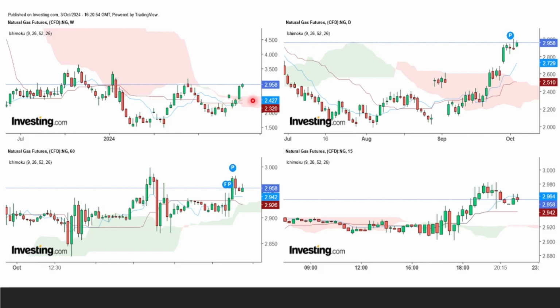The crossover of Tenkan Sen line from bottom to upside crossing the Kijun Sen line like this shows bullishness.